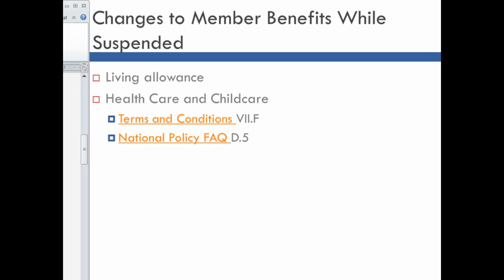It says they must notify the corporation immediately in writing when a member status changes. And then it goes on to say that after 5 days, the recipient will be liable for any erroneous payments. So for child care, there's more specific timelines there noted.